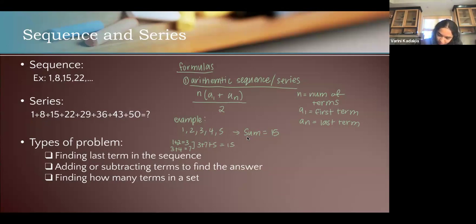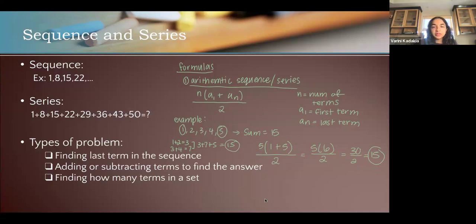We get 5 times the first term, which is 1, plus 5, which is the last term, divided by 2. If we were to simplify this, we'd get 5 times 6 divided by 2, which is 30 divided by 2, which is 15. So using the formula, we were able to compute the sum.